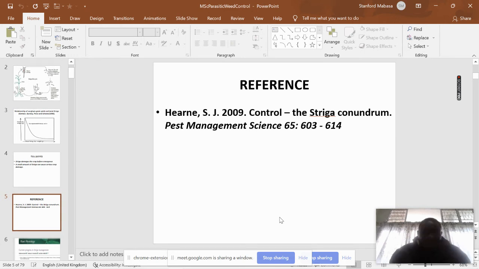Probably you may need to read this reference by Hearne SJ 2009, Control of the Striga Conundrum. It talks about striga management in various crops and the problems associated with controlling parasitic weeds.